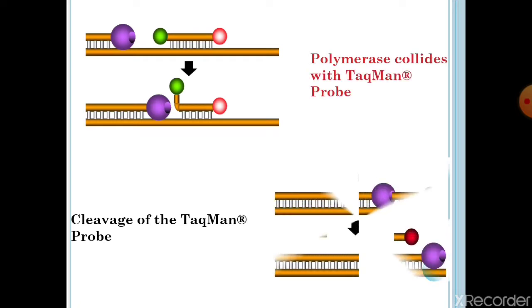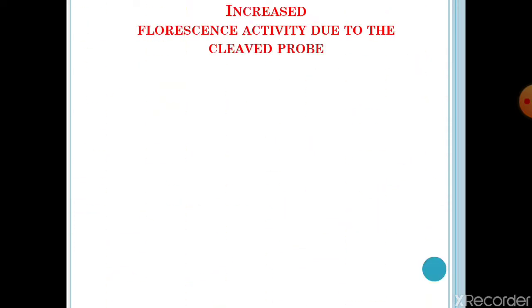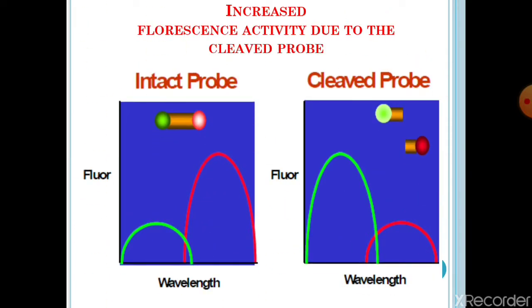Now come to the next figure to understand it better. Here now you see. When the probe is cleaved by the 5' nuclease activity of the enzyme, the distance between the reporter and the quencher dye increases, causing the transfer of energy to stop.